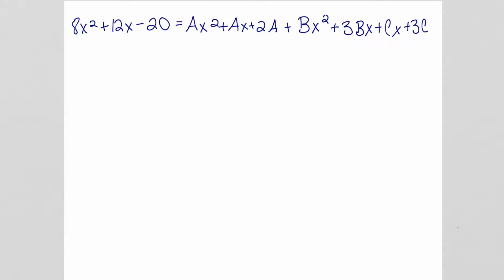Okay, so the first thing we're going to look at, we always separate by our variable to whatever degree. So x squared, x squared, x squared. There's all of those. So we have a plus b equals 8. Then we look at our x terms.